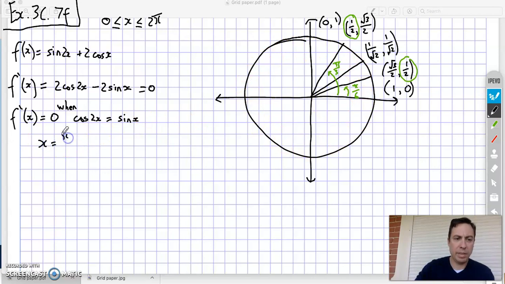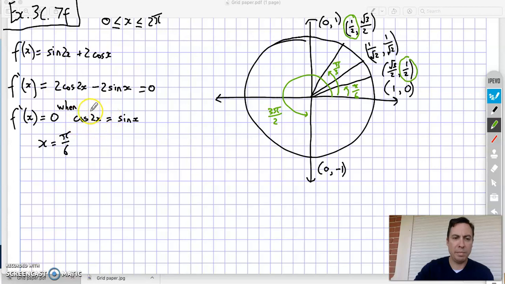So x equals pi on 6. Now because I've done this question before, I know that there's a solution down here, which might not be immediately obvious. It doesn't look anything like the pi on 6 I just found. So I'm saying that if we go all the way around here, 3 pi on 2, plug that into sine, and I get minus 1.